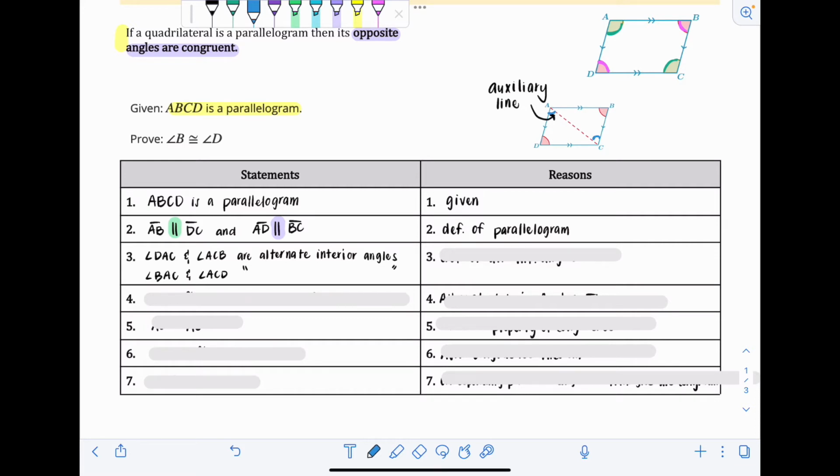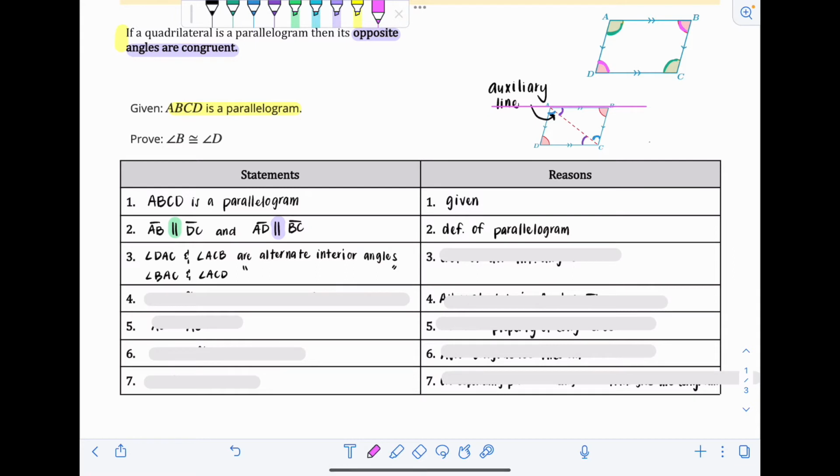The second line is another set of alternate interior angles: angle BAC, this one right here, and angle ACD, this one right here. They're in between the pairs of parallel sides.